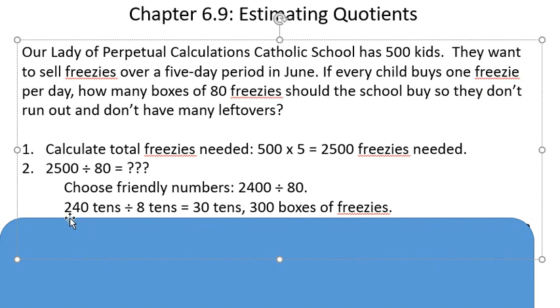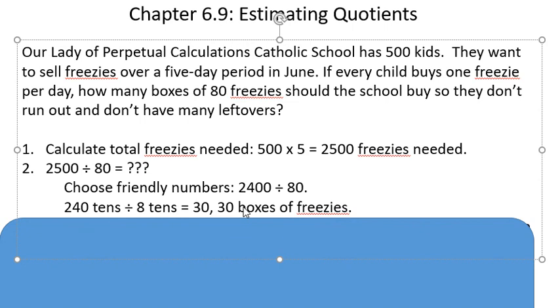It's like saying 240 divided by 8 is 30. So we need 30 boxes of freezies. 240 divided by 8 is 30. So that's 30 boxes of freezies.